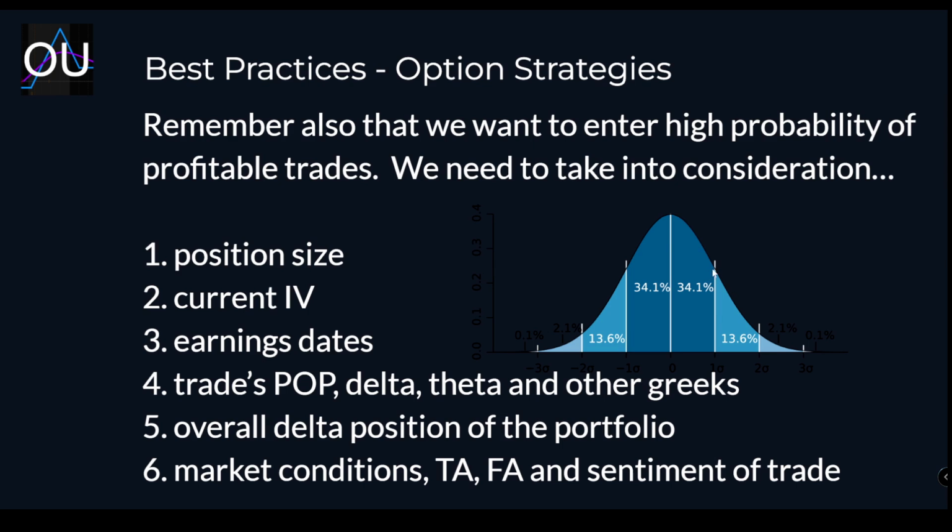Are we selling credit spreads that give us an 84% chance of being out of the money, or 16 deltas, or even a 95% chance of being out of the money, or 10 deltas? What is the strategy that we're employing? Because that will give us more probability of profit. It might give us less profit, but it will give us a higher probability of profit.